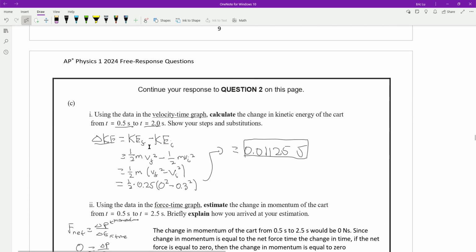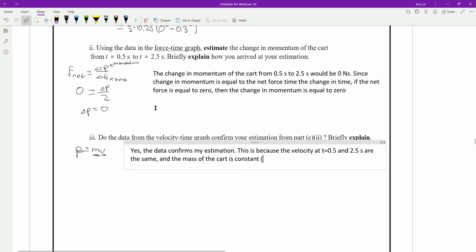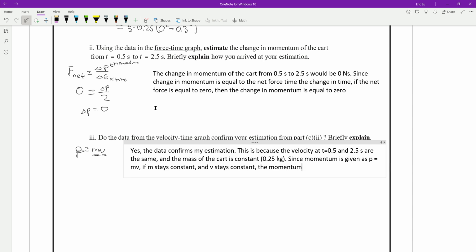And what would the mass be? The mass is 0.25 kg. Since momentum is given as P equals mv, if m stays constant and v stays constant, the momentum stays constant as well.